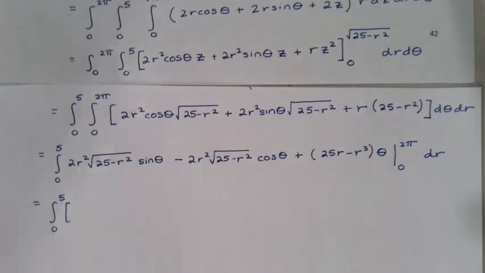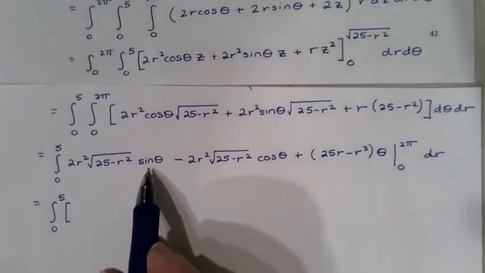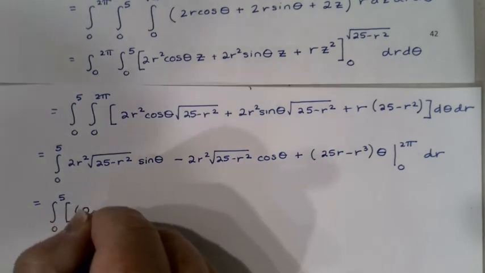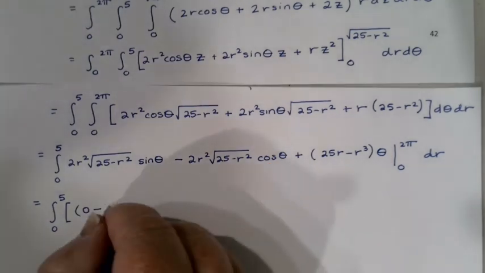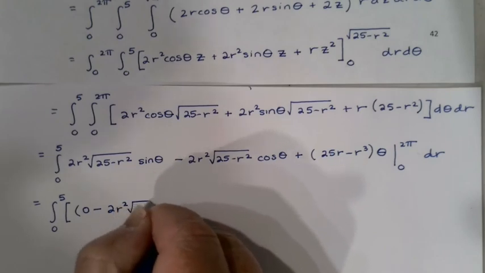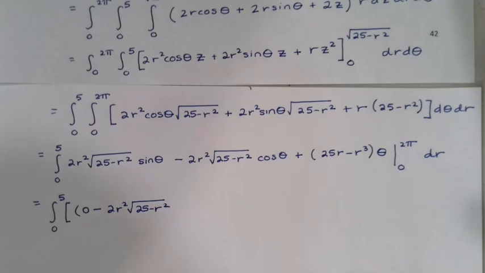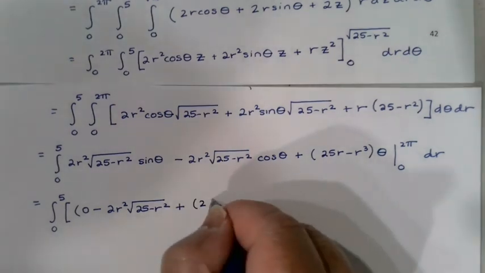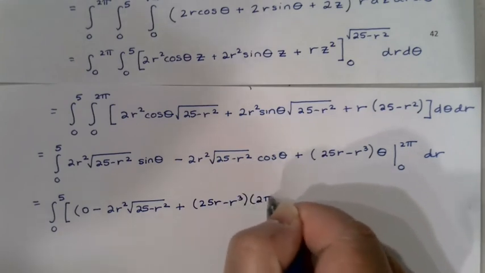All right, let's see what we got here. Plugging in the 2 pi. The sine of 2 pi is 0, so that whole first term is going to become 0. Minus. The cosine of 2 pi is 1, so I'll get a 2r squared, square root 25 minus r squared times 1, plus 25r minus r cubed times 2 pi.